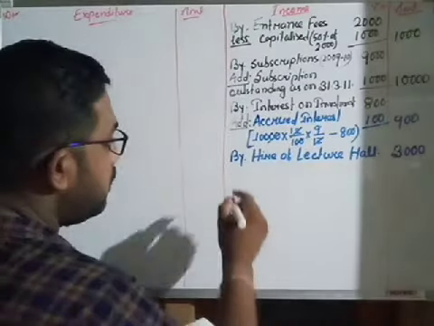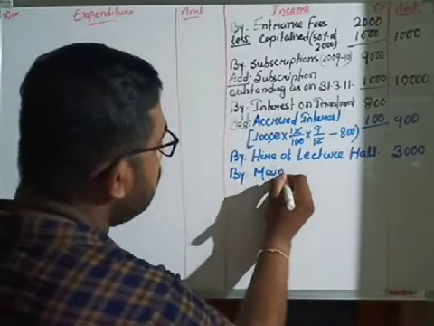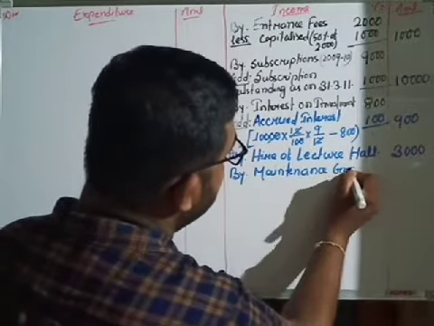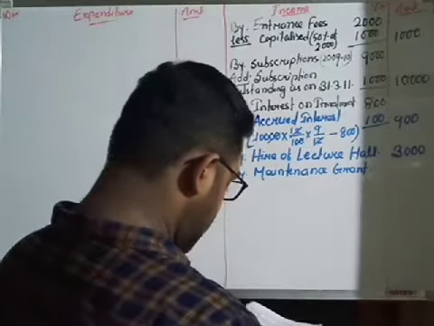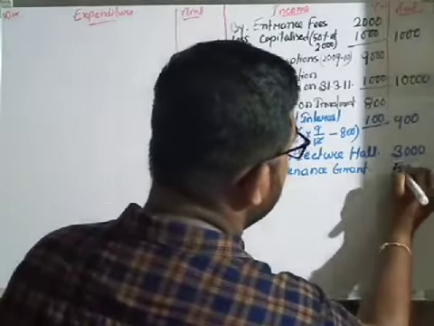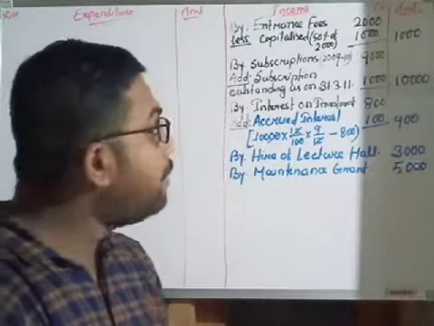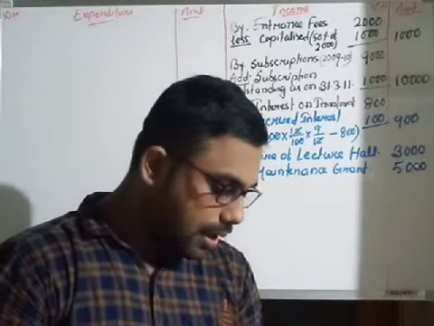Next, by maintenance grant, it is also revenue income, rupees 5,000. So these are the items that will come on the income side of the income and expenditure account.